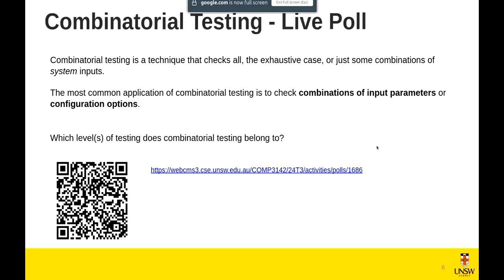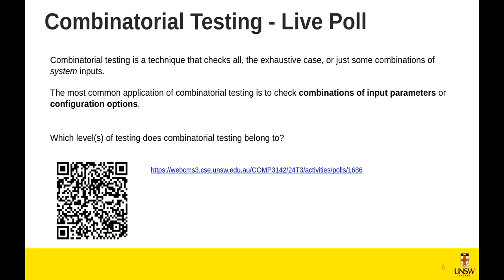Although in the definition it is called system inputs, I intentionally use a different font for this system here because this system could be referring to a function, or to a particular unit of the code.